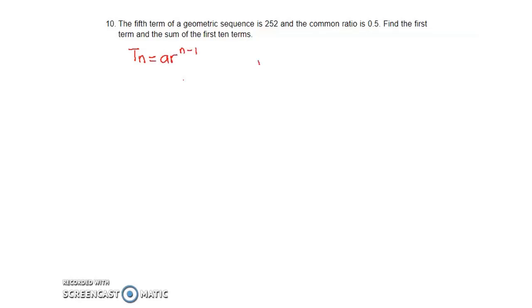We know that R equal to 0.5 and the fifth term T5 equal to 252. Find the first term which is the value A, and the sum of the first 10 terms, so we want to find S10.